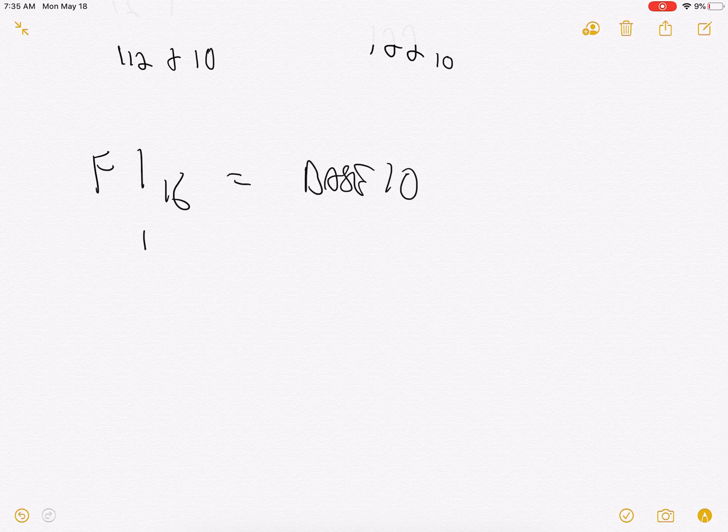Okay, this is the ones column. This is the 16s. Okay, 1 times 1 is 1. Okay, 1 plus what is 15? That's F is 15 times 16, 240. And that's equal to 241 base 10. Okay, I hope these conversions help.